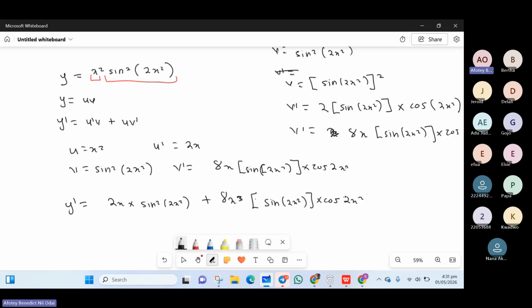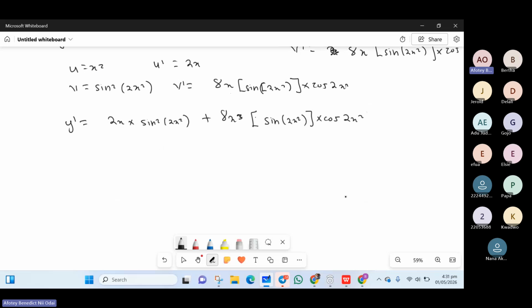Now, let's take a question on implicit differentiation. Implicit differentiation is basically differentiating with respect to x, y, or any other variable that you are given. So let's say we have a function: x squared minus 2y to the power 3 plus x cubed y squared minus cos x is equal to 8.